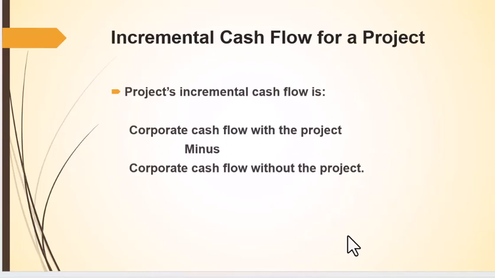Essentially, what we want to create is something referred to as an incremental cash flow system. So this is going to be the cash flow that we predict if we do this project. We also want to predict cash flows if we do not do this project. So if this is a startup project, a brand new thing we've never done before, then these cash flows without the project are zeros.